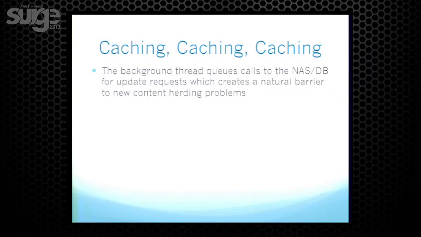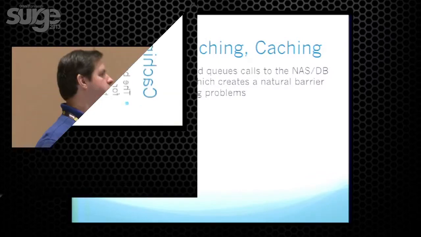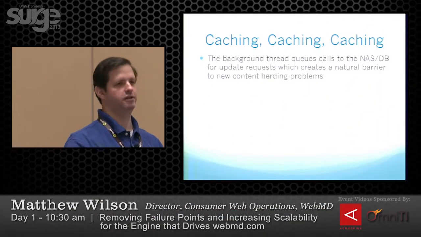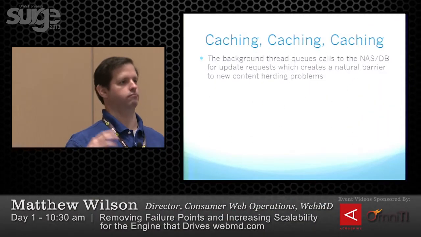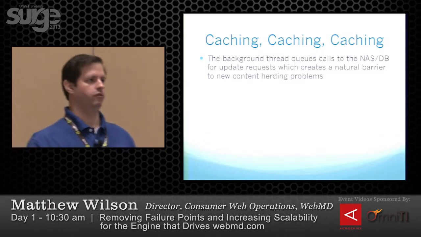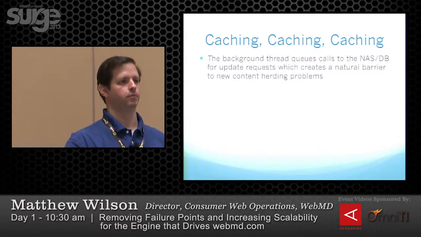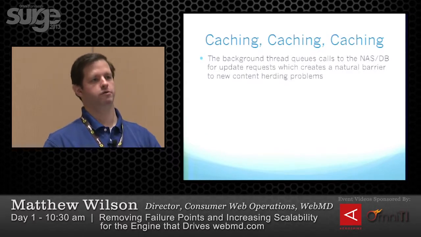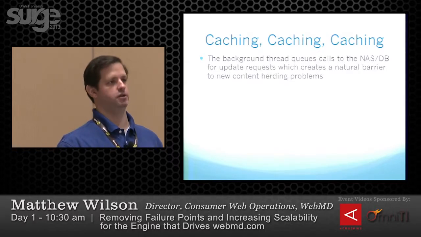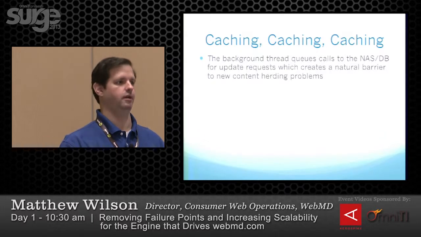The good thing about the background thread is that it does queue the calls to the NAS and the database, so it creates a barrier for content herding problems. If a publisher just publishes new content on the home page, not all of the web servers will fetch the content from the DB and the NAS at the same time.